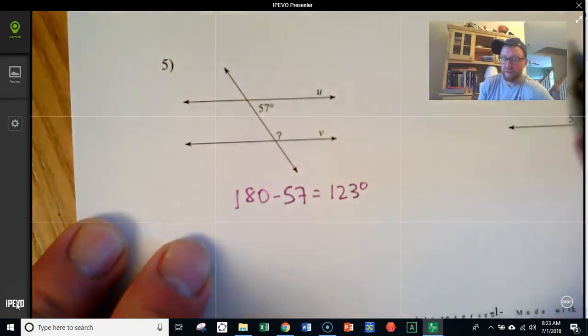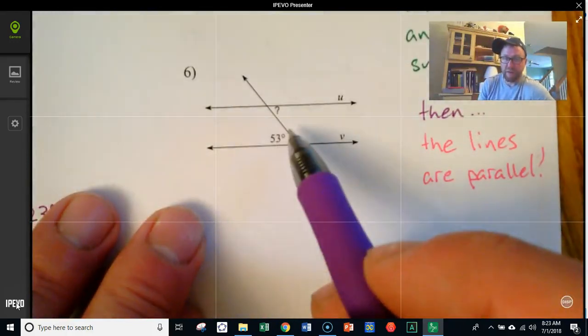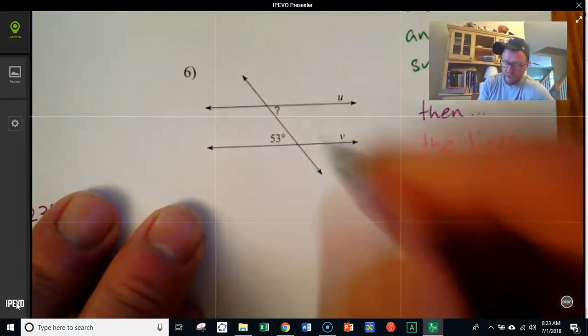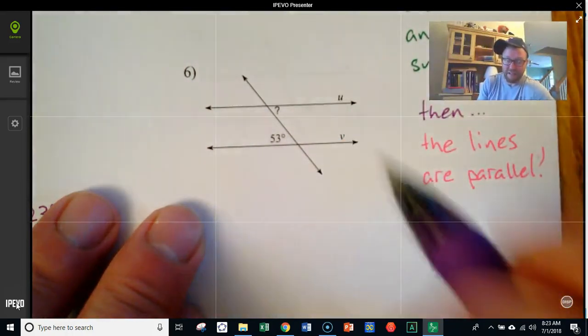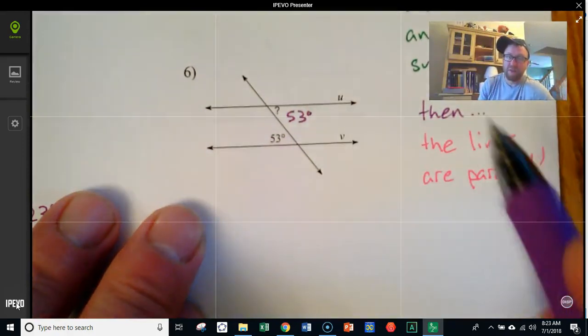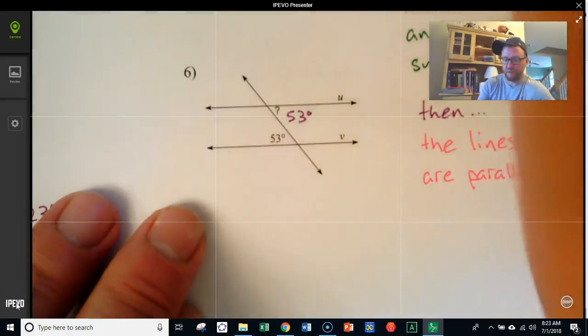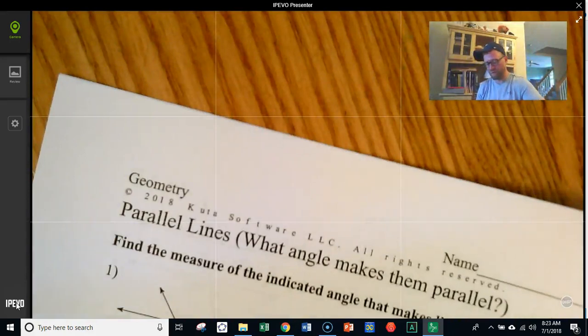And if the same side interior angles are supplementary, then the lines are parallel. Here, these are opposite sides of the transversal. They're in between the parallel lines. So they are alternate interior angles. And so if this angle is 53 degrees, then alternate interior angles will be congruent. Then the lines will be parallel. Look at some more here.